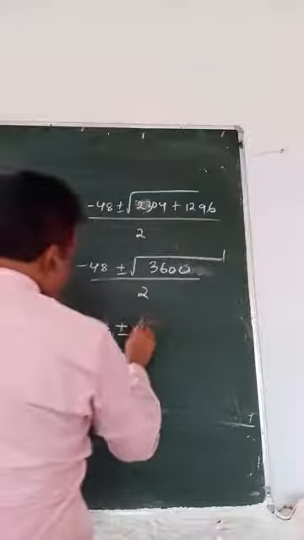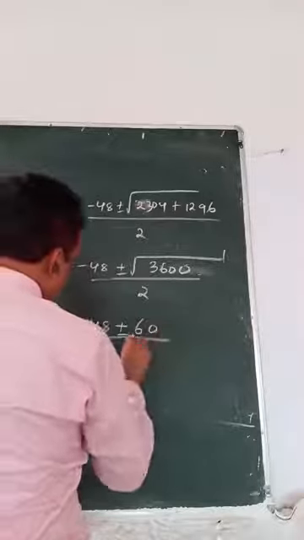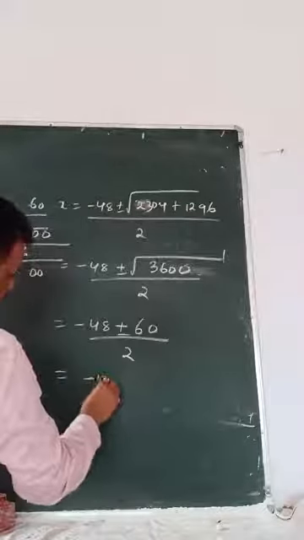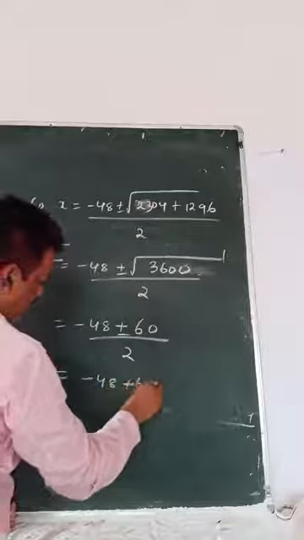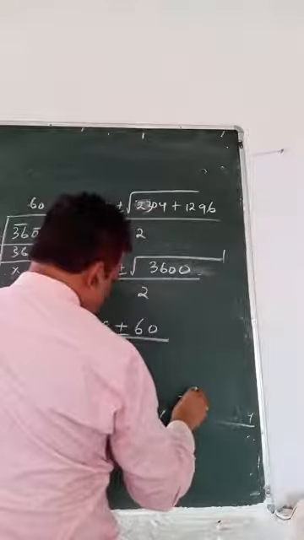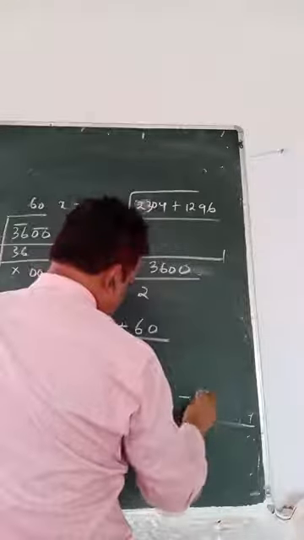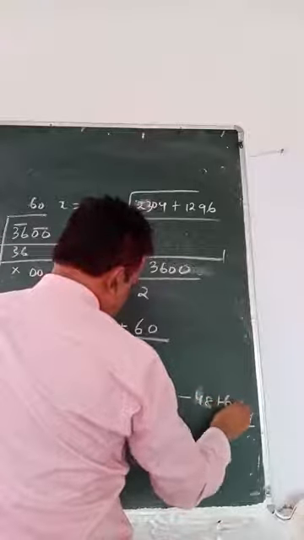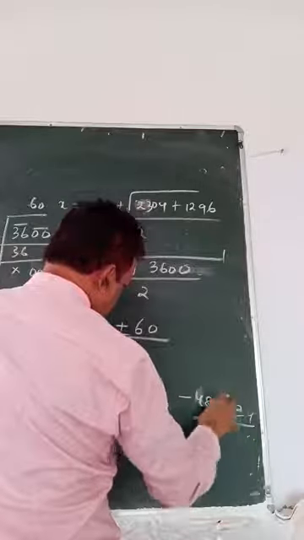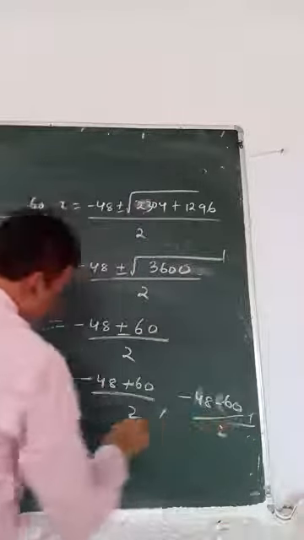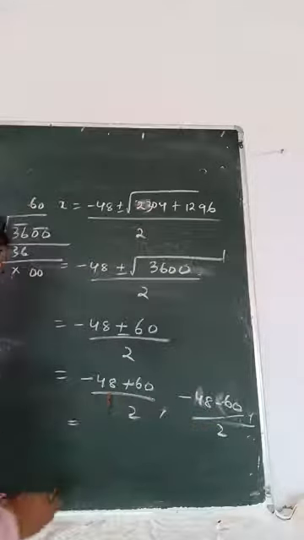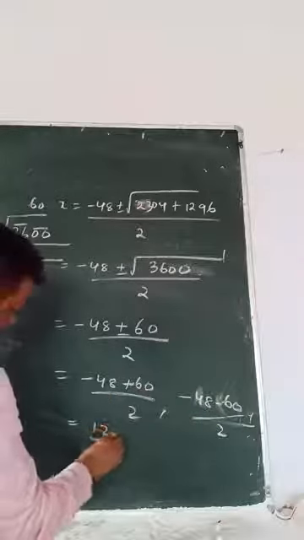So that is 60 by 2. So minus 48 plus 60 by 2, and minus 48 minus 60 by 2. This is 60 minus 48, 12 by 2.